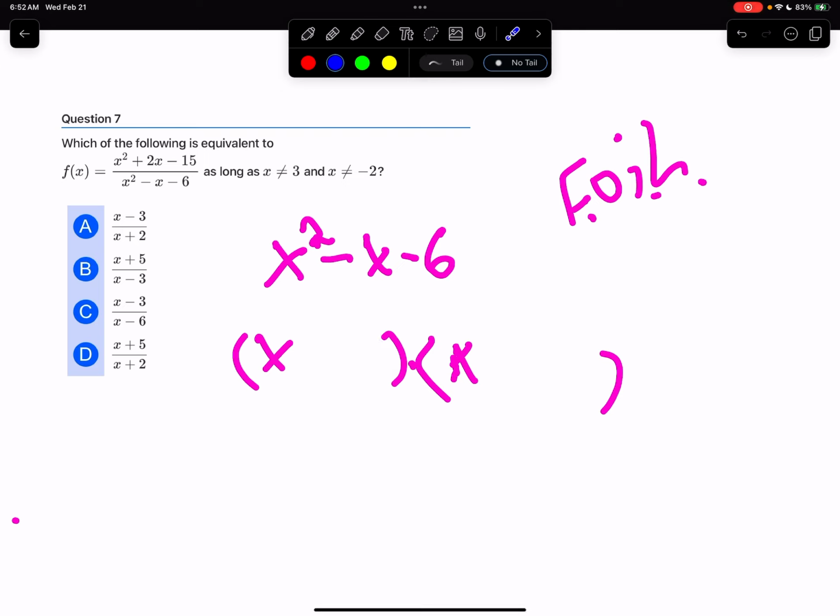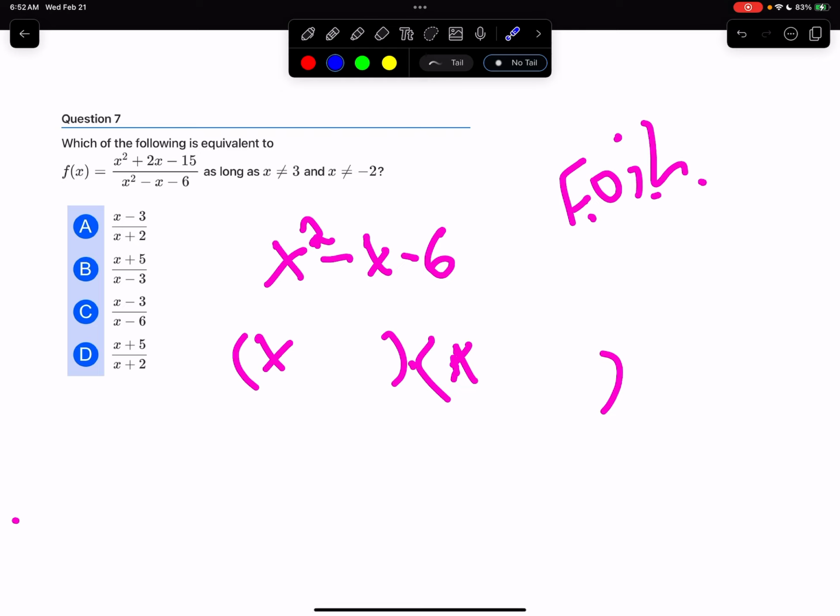So x times something here, and x times something here should add together to give us negative 1x.